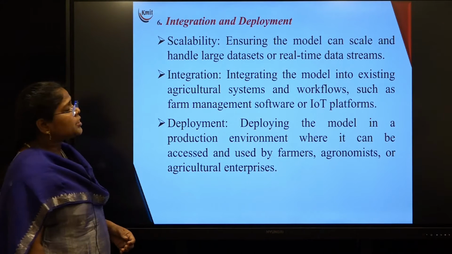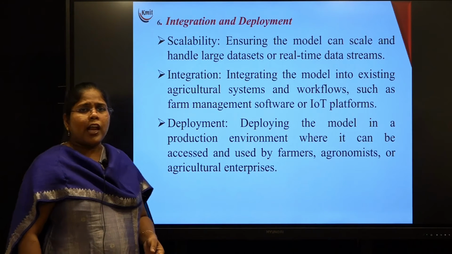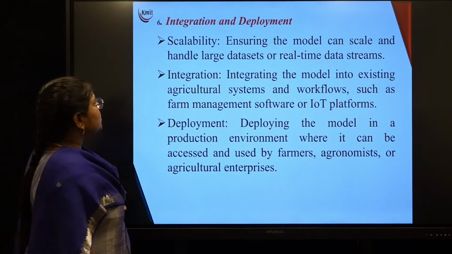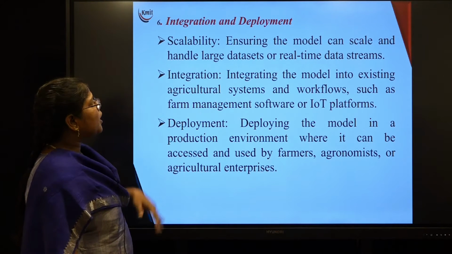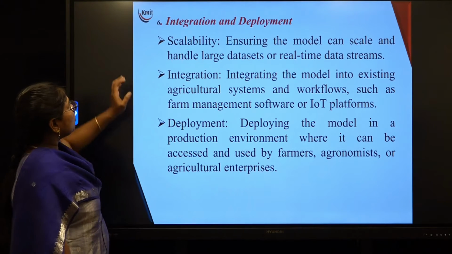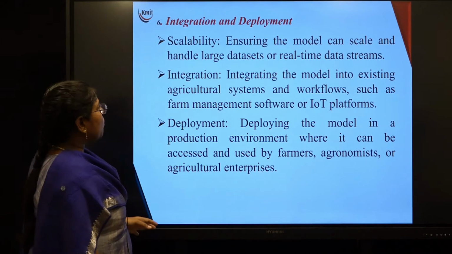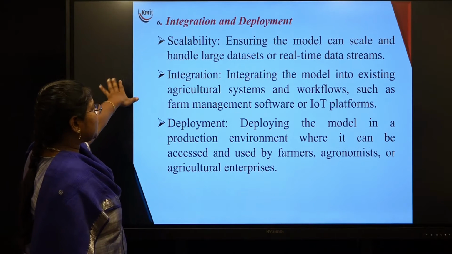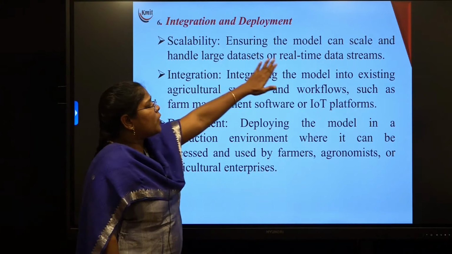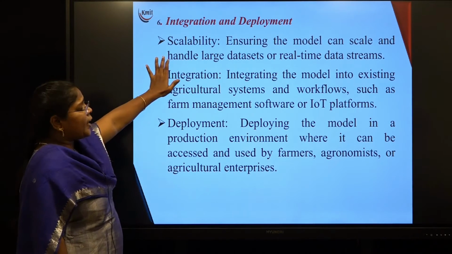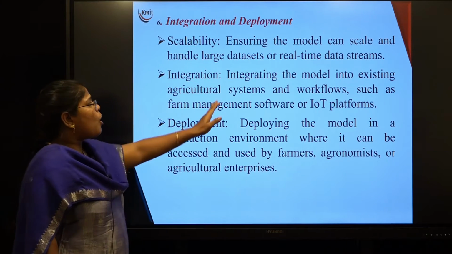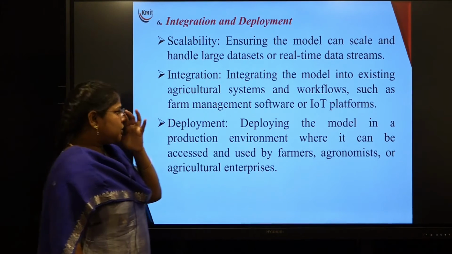Next, once the model accuracy is best, we try to integrate and deploy the model. For integration and deployment, we look at scalability, ensuring the model can handle large data sets or real-time data streams.